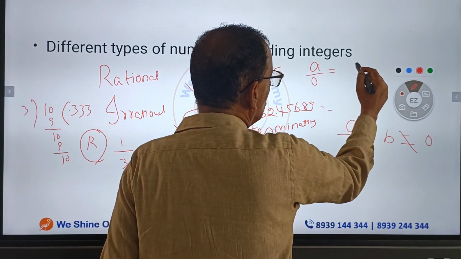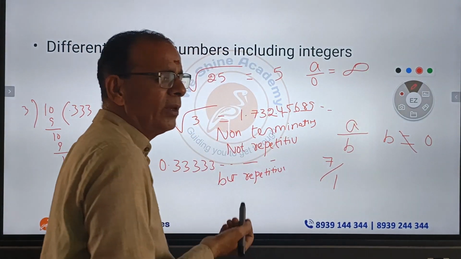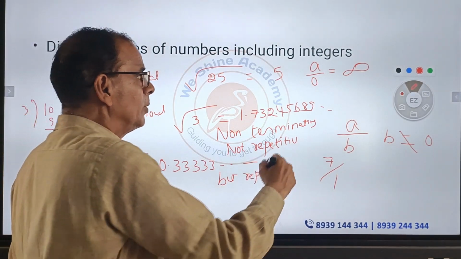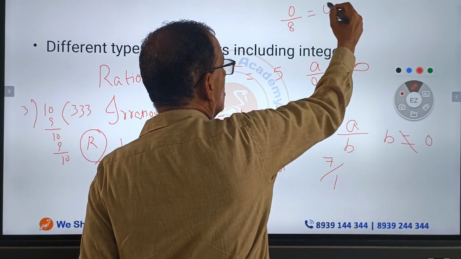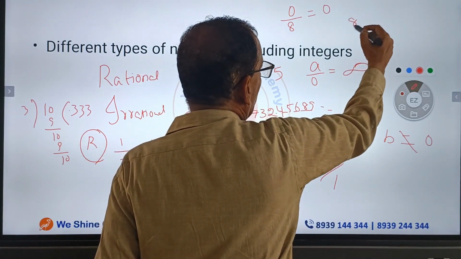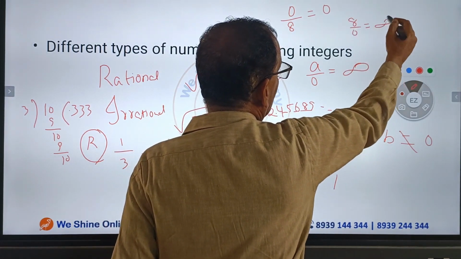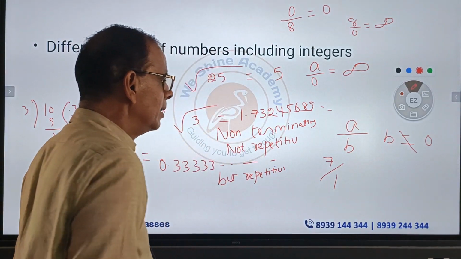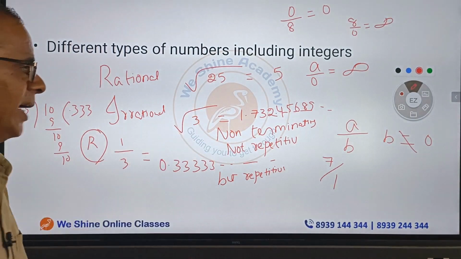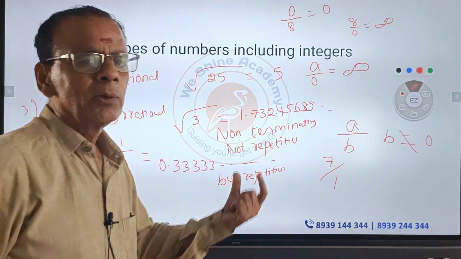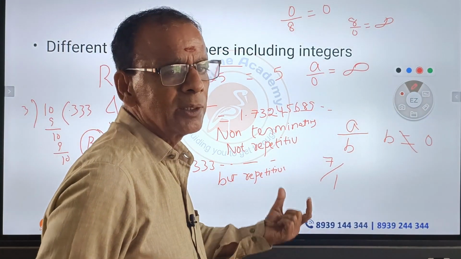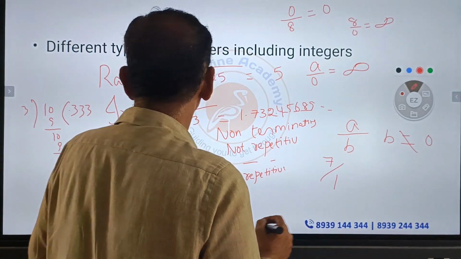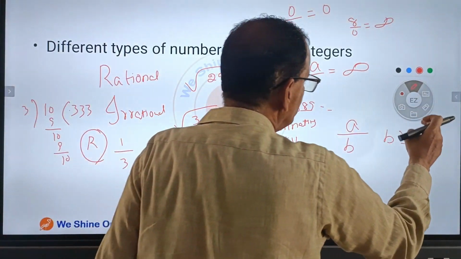It is not 0, it becomes infinity. Suppose 0 by any number, 0 by 8, this is 0, whereas 8 by 0 is infinity. That's why they are saying a rational number means I must be able to express it in terms of a by b where b is not equal to 0. Next.